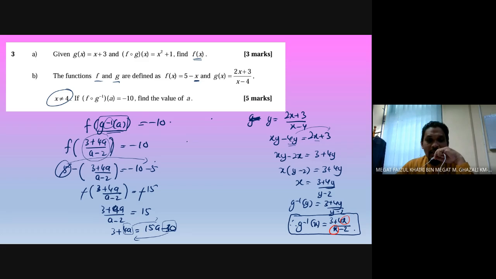So 3 + 30 equal to 15a - 4a. 33 equal to 11a. So a equal to 33 divided by 11 equal to 3.